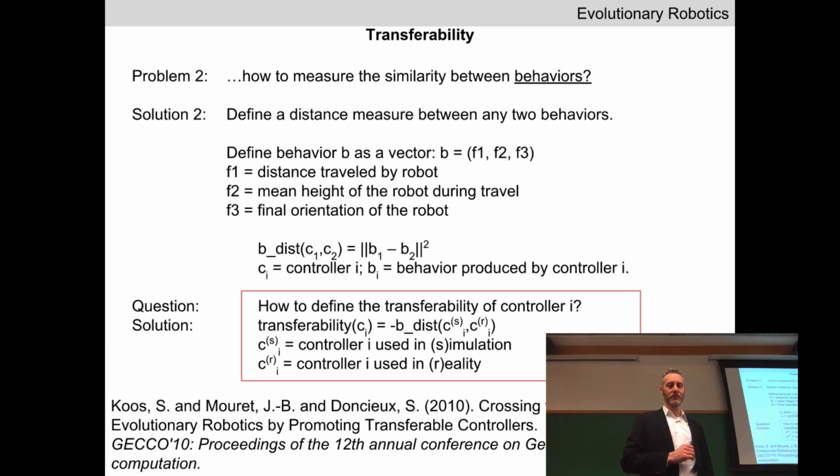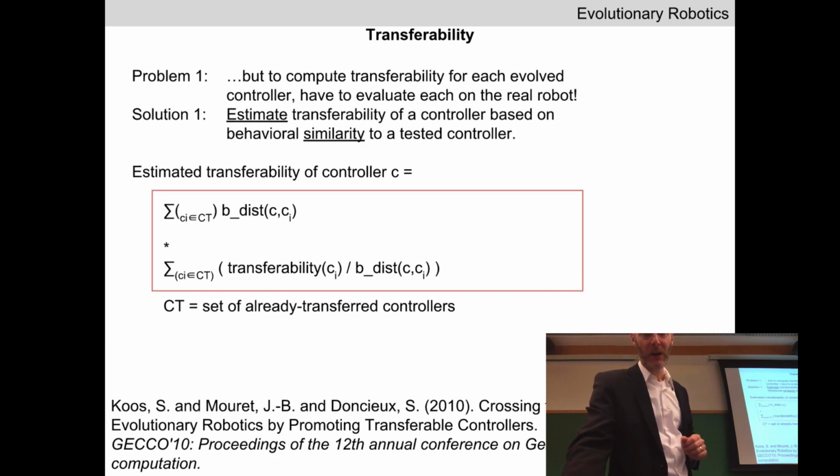Right? Okay. So transferability becomes a negative number, but again, the higher the value of transferability, the less distance between the behaviors seen in simulation and seen in reality. Okay. So far, so good? It's pretty intuitive, I think. Okay. So that's transferability.